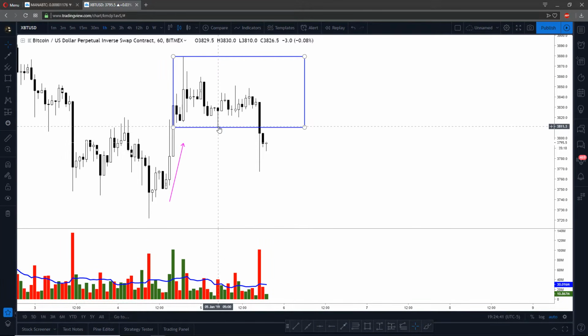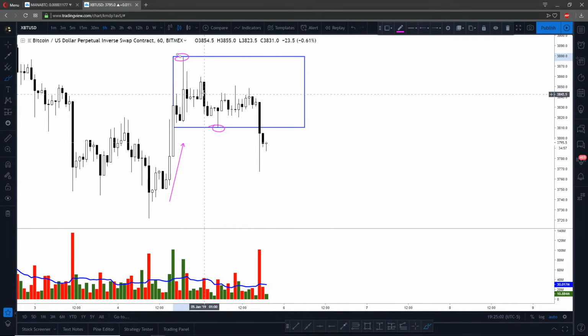This is what I was talking about at the beginning of the stream. BitMEX wicks are just so exaggerated. If these were like normal candles, normal wicks, this would be a lot easier. But whatever. So we see the distribution high, distribution low.